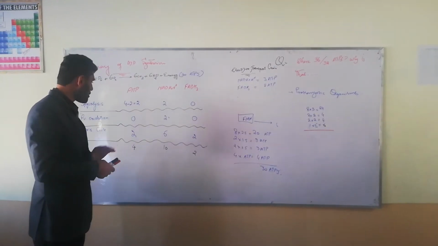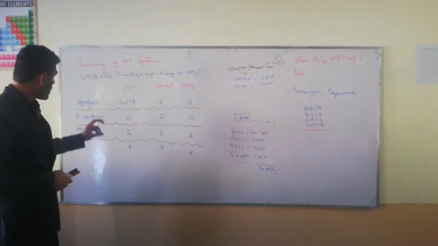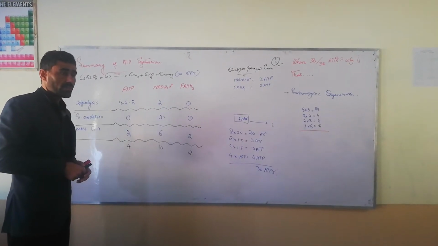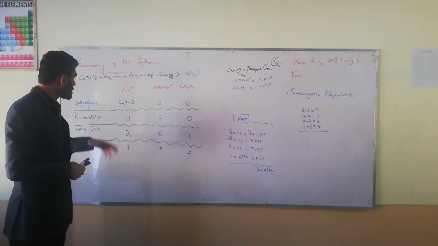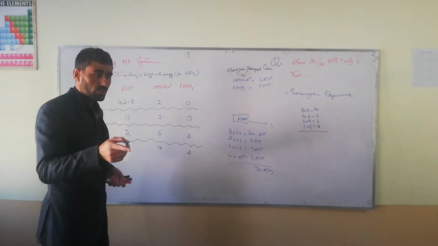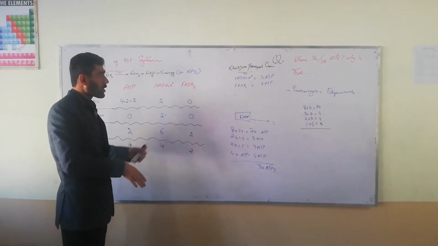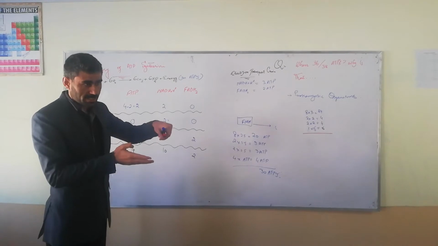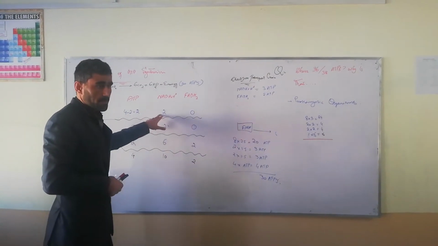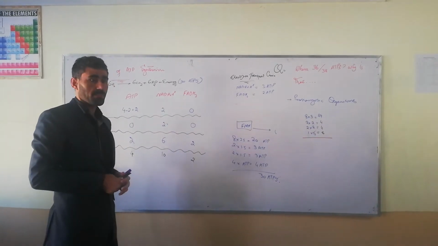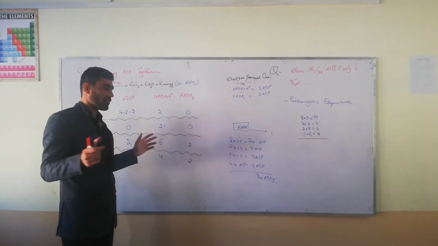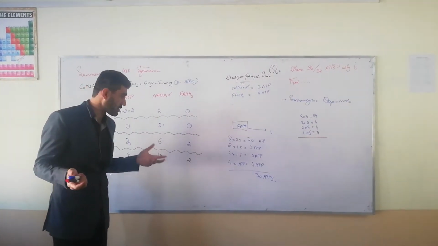This is the first process, glycolysis. During glycolysis, 4 ATP are formed, while out of these 4, 2 are used within the first step of glycolysis, and you produce 2 NADH plus H plus, while no FADH2 is formed.